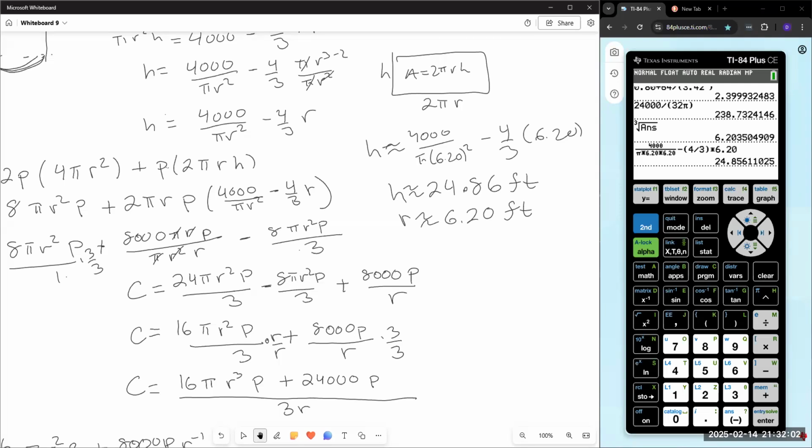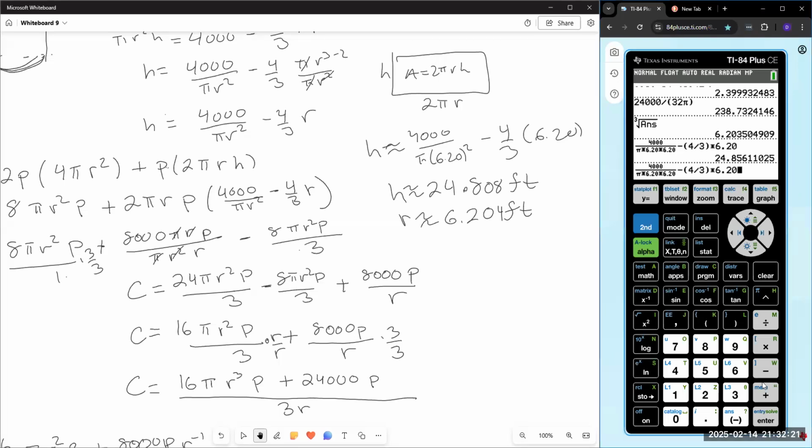Check that. Four 808. This is 204, and then that makes this 808. When I go to 3 decimal places like the book did, I'll just go ahead and change my entries here to reflect that. 204, 204, and 204 there.